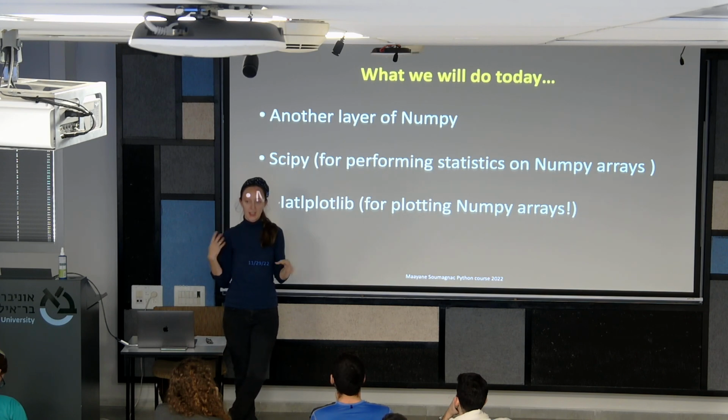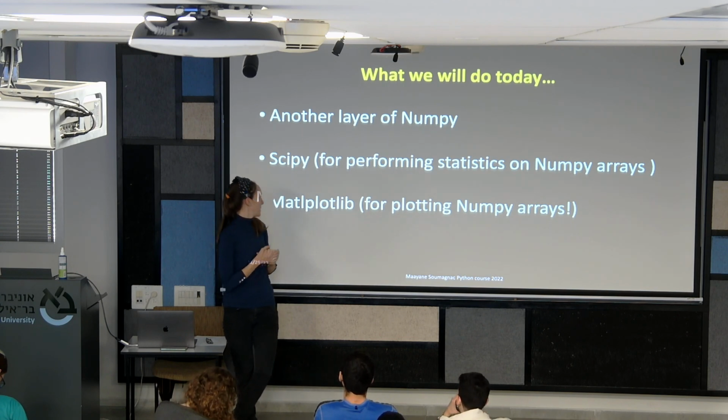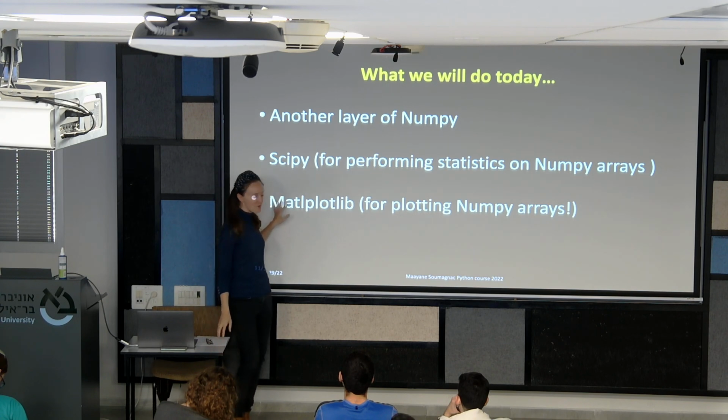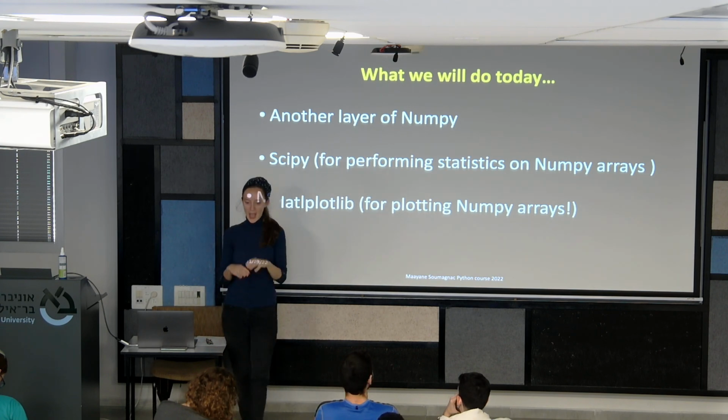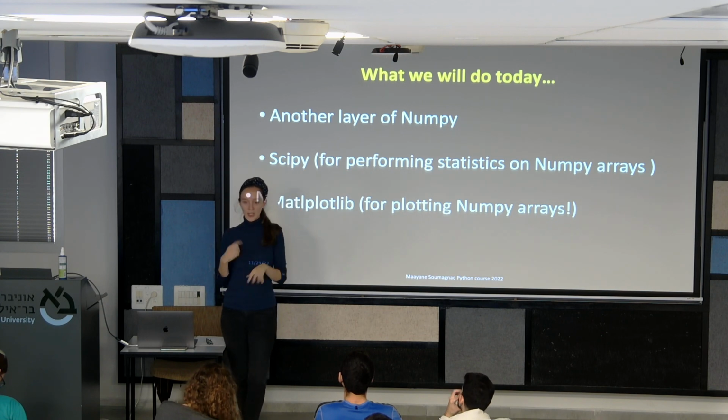Okay, remember that Numpy is basically adding everything that has to do with arrays. Scipy and Matplotlib, which are the two libraries we're going to talk about today, are building upon Numpy. Okay, so they are using Numpy, and Scipy is allowing you to do all kinds of statistics on Numpy arrays.